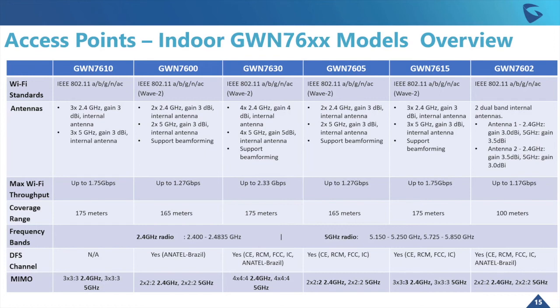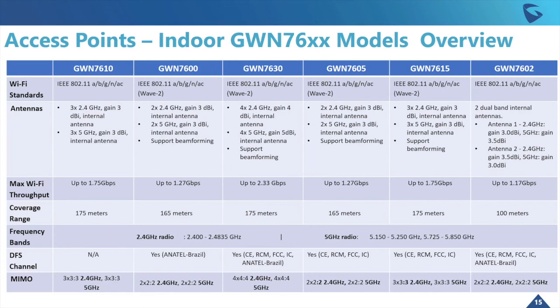And when the access point detects that there is a radar in proximity using a specific channel, the AP must not use the same channel and must dynamically start using a channel that is not used by a radar. And the only model that does not support DFS is GWN 7610.